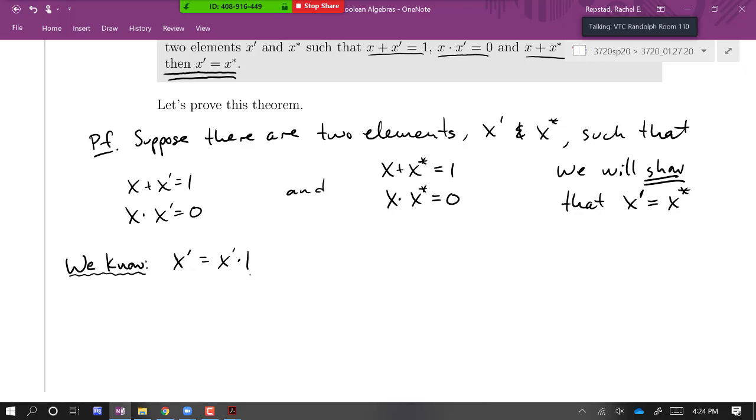I got the identity worked in so I could use the complement laws to rewrite 1 in some clever way. And we always do it by choosing to rewrite it with a complement. This time I'm going to choose the other complement. If x star is another complement, then that means that 1 I can rewrite as x plus x star.